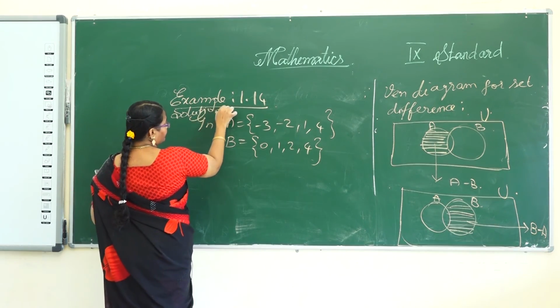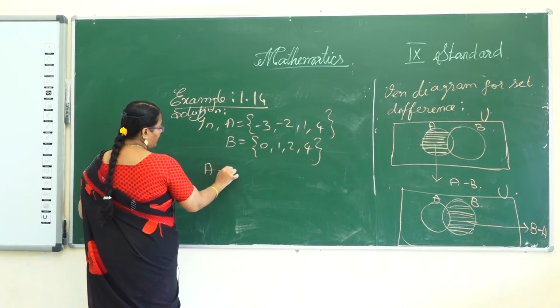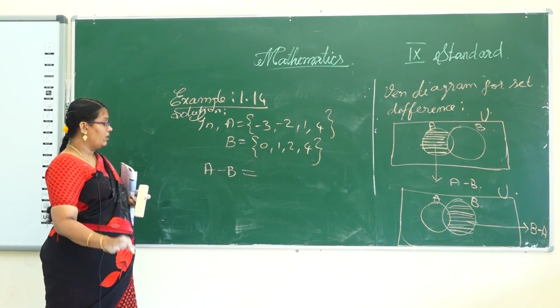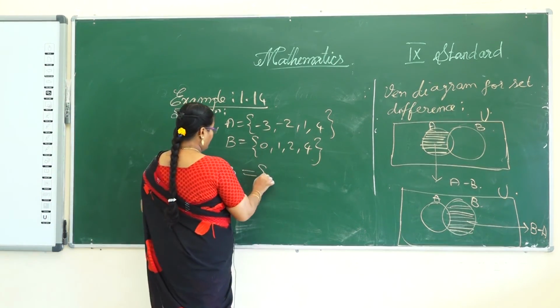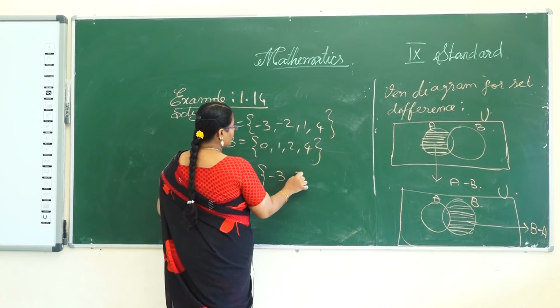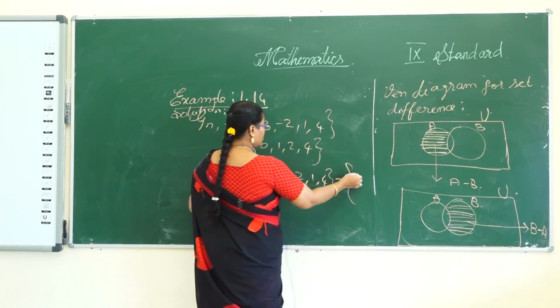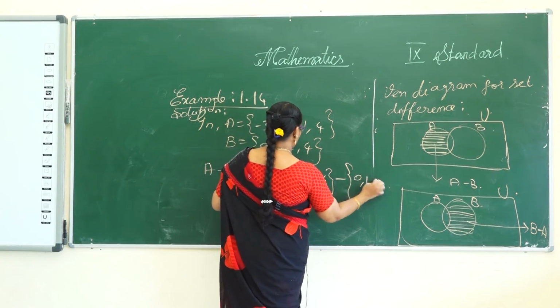Solution. So A minus B means every element in A only, not in B. So write A as minus 3, minus 2, 1, 4, minus B as 0, 1, 2, 4.